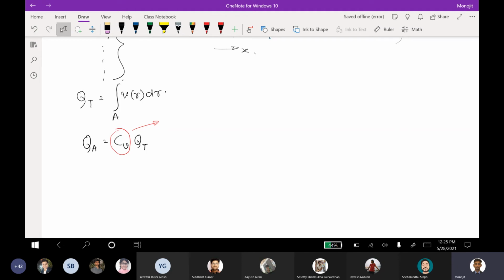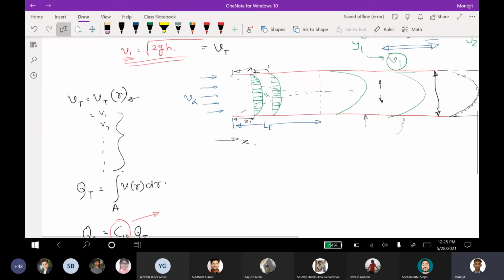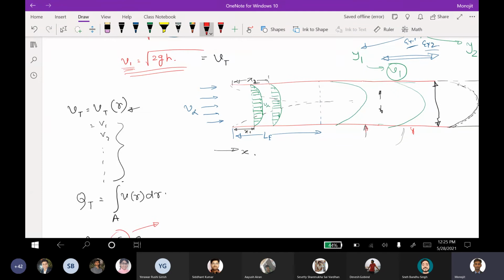I'm not disagreeing, but you can check by positioning the pitot tube somewhere here and somewhere here. See whether you are getting the same velocity profile or not. If you are, that means you are working in a location away from the entrance point. But that can be one of the concerns.